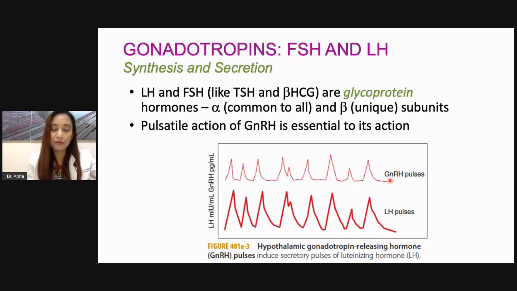So if you eliminate the pulsatility of GnRH secretion, you will not be able to induce the pituitary to secrete LH and FSH. The pulsatility of the GnRH secretion is essential to its action on the pituitary.